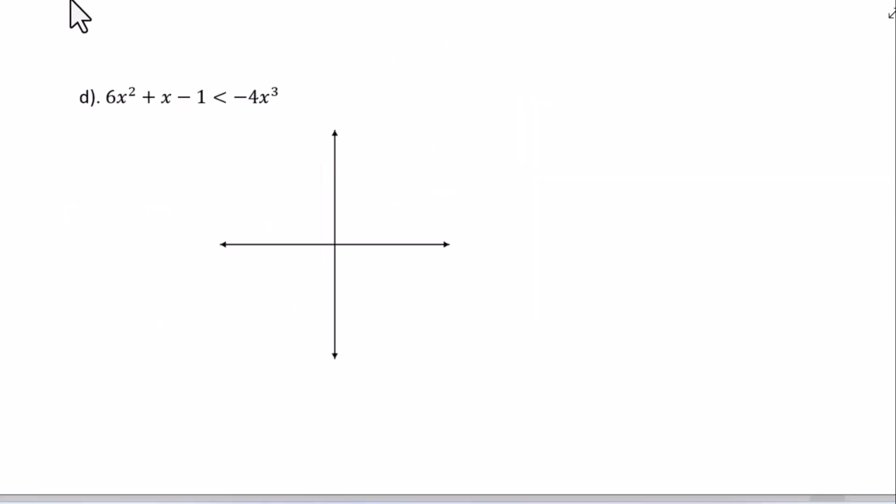Let's go to D. Move negative 4x to the third power to the left side. 6x squared plus x minus 1 plus 4x to the third power less than 0. Since this is a polynomial function, we can use polyroots to figure out all solutions.